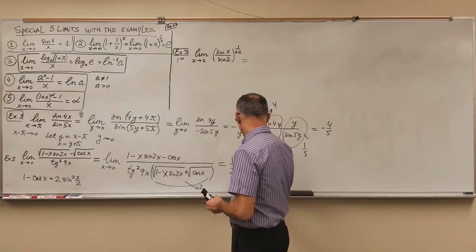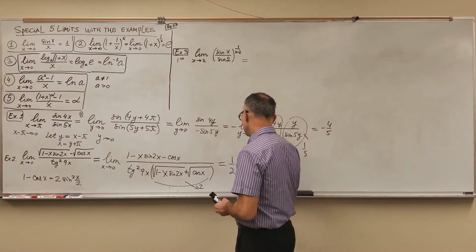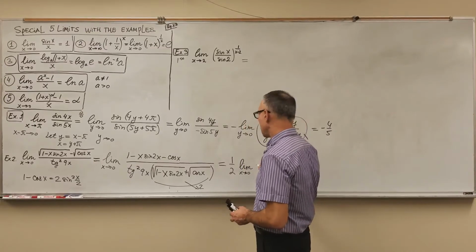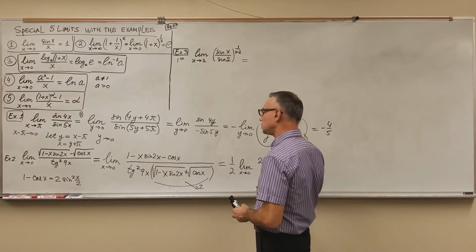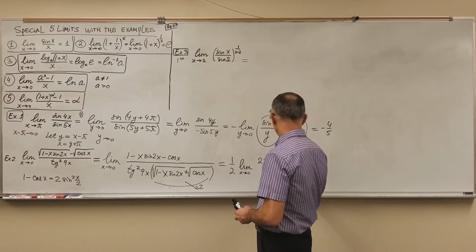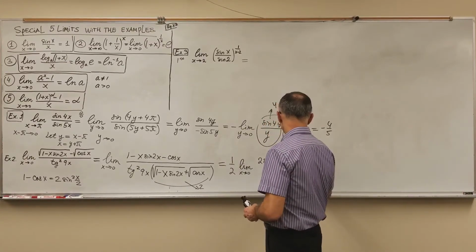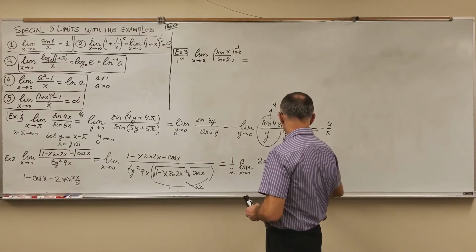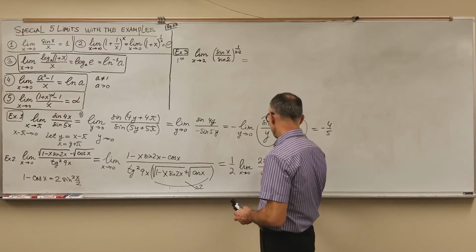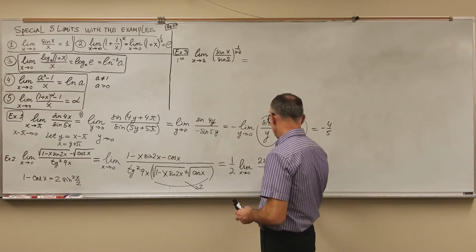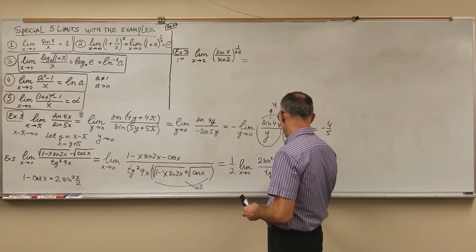When x goes to 0. And here I have 2 sine squared x over 2 minus x sine 2x over tangent squared 9x.